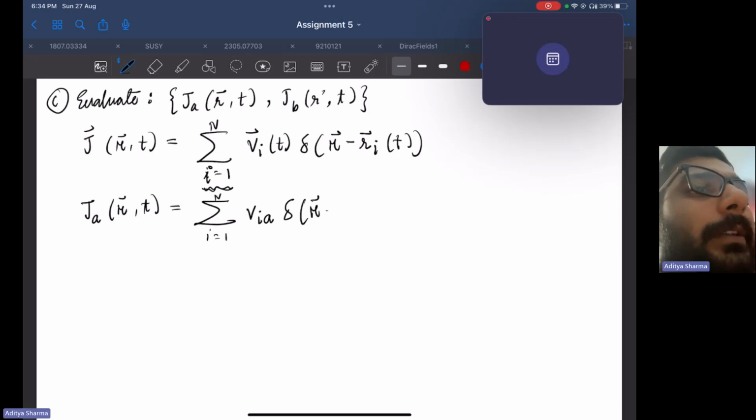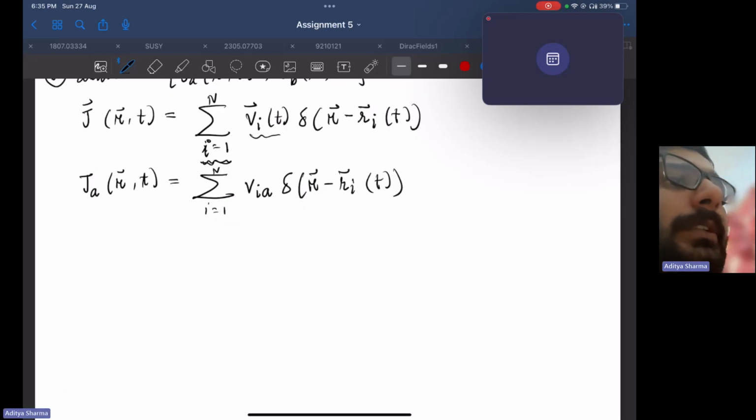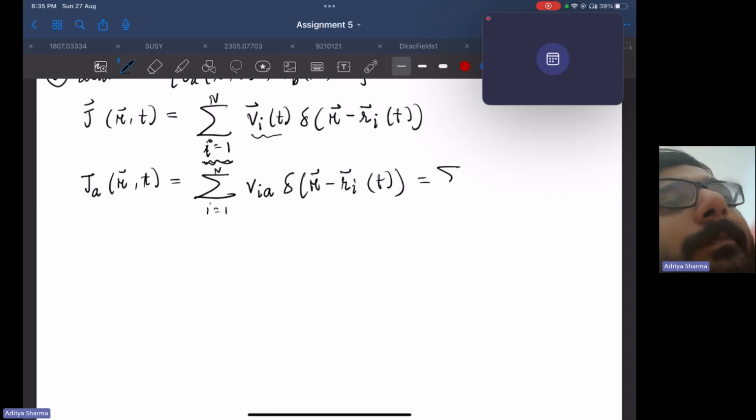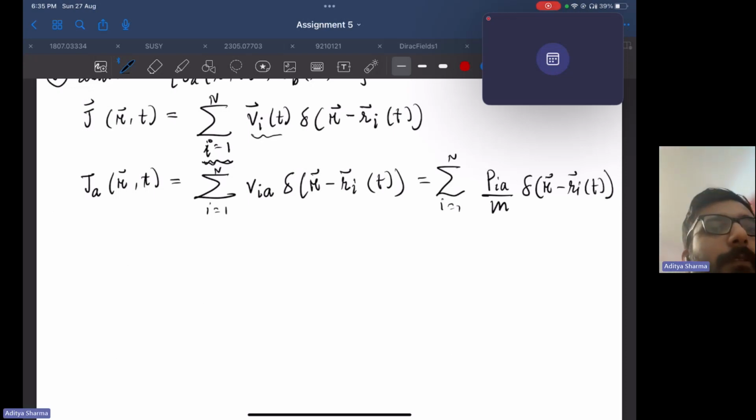And this will be unchanged because the vector here is only this part. So this is what it would mean, and we are going to write it as PiA by m, because every particle has the same mass. If they had different masses, then we would also have to give an index like Mi. That would mean that different particles have different masses.